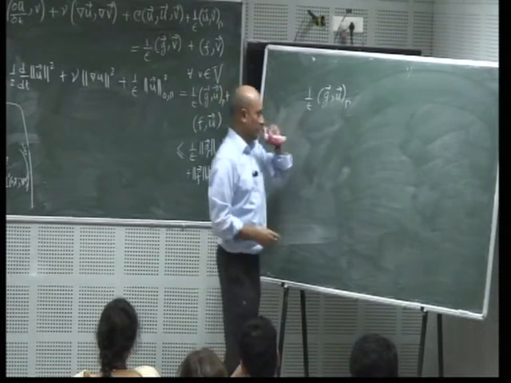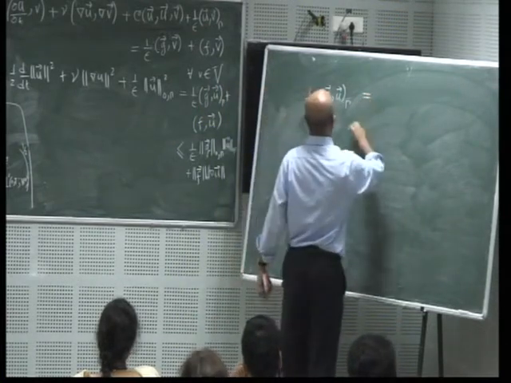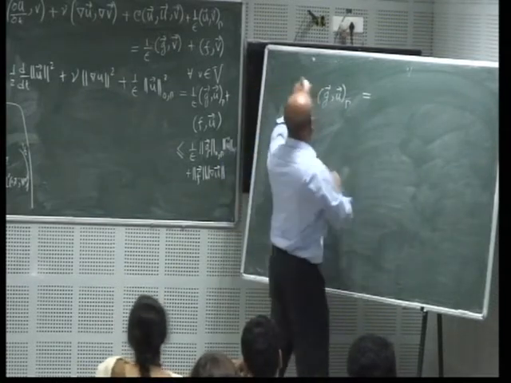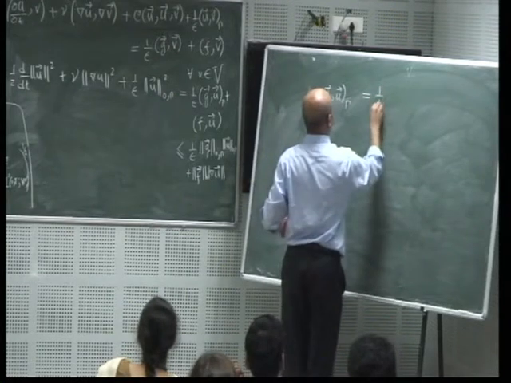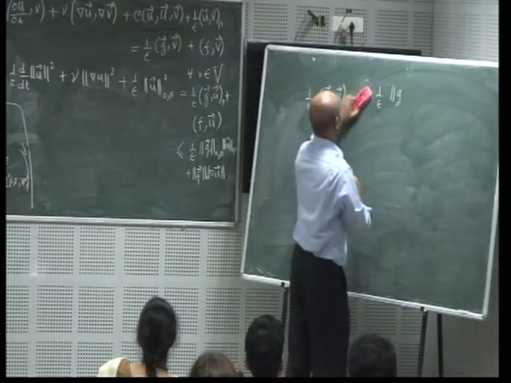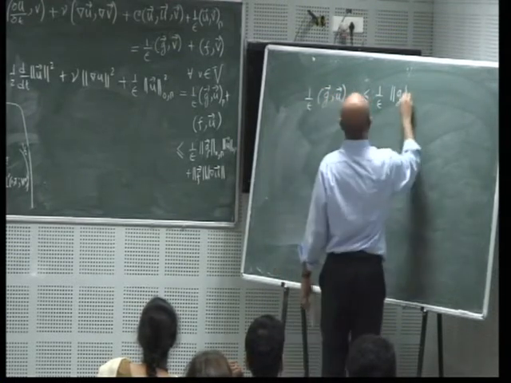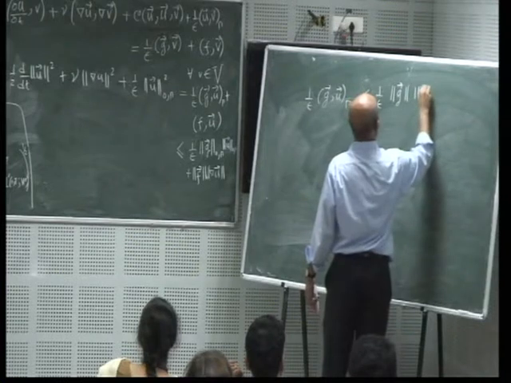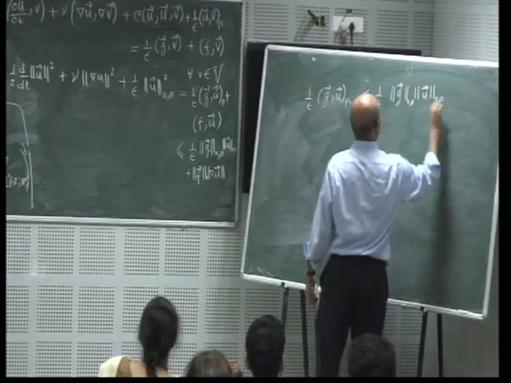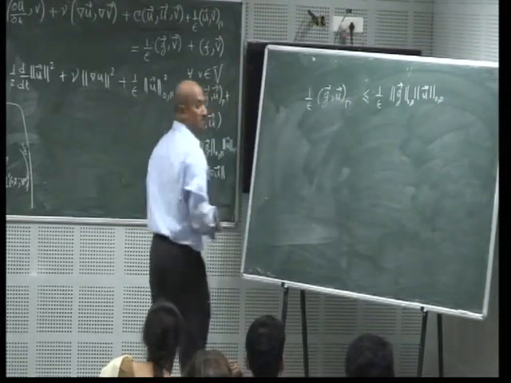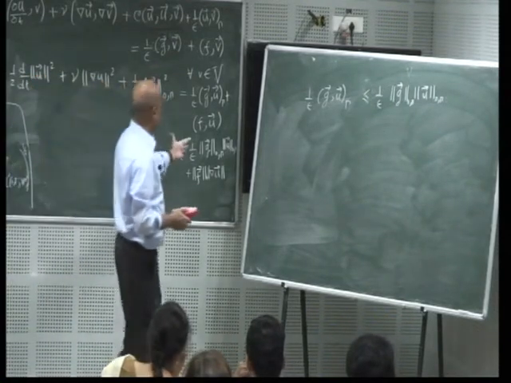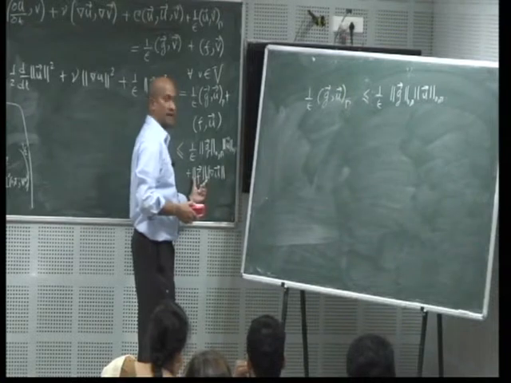I'm using inner product now. Now you apply Cauchy-Schwarz. I'm keeping epsilon outside, applying Cauchy-Schwarz. For the other term, I'm using the dual norm here.